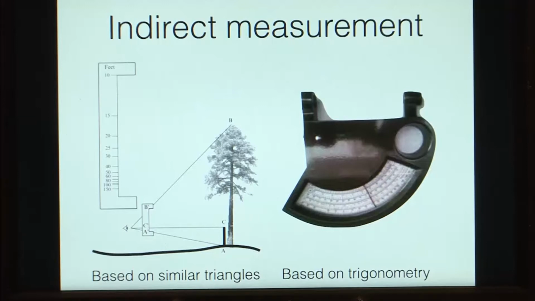So, if we go back to the slide, on the right we see an instrument. Now, this instrument is known as an altimeter, and we shall look into it in more detail in a later lecture as well. It directly gives us the readings of the height.